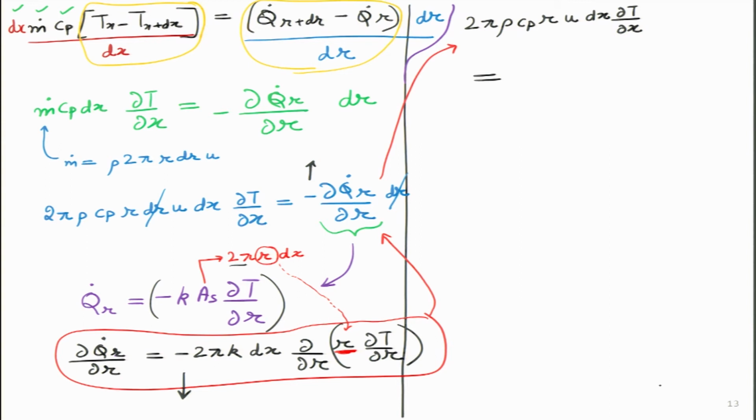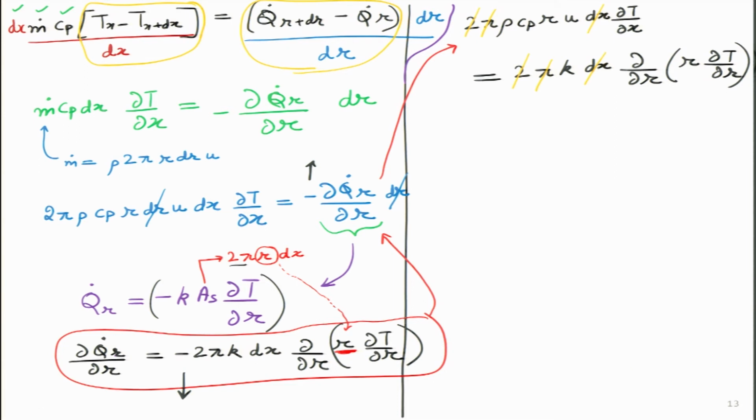And what I will get? I will get 2 pi k dx, and then the differential del by del r, r del t by del r. Now, you can see a lot of cancellations can take place. Let me go ahead and try. So, 2 pi will get cancelled out, 2 pi over here, then dx will cancel out with dx, right.